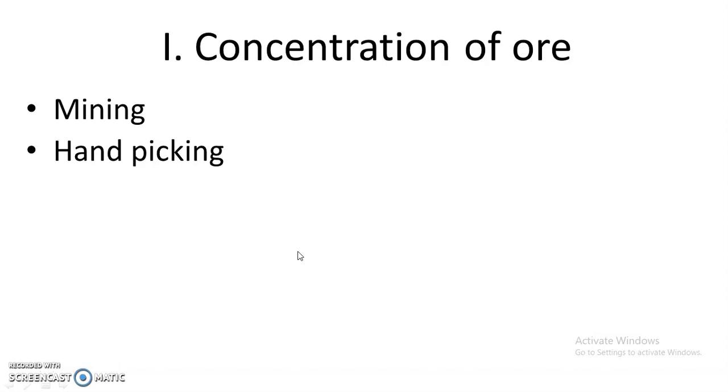Actually this method is hardly used for the concentration of ores. Especially it is used for the concentration of gold ore and cinnabar, that is the ore of mercury, that is HgS.